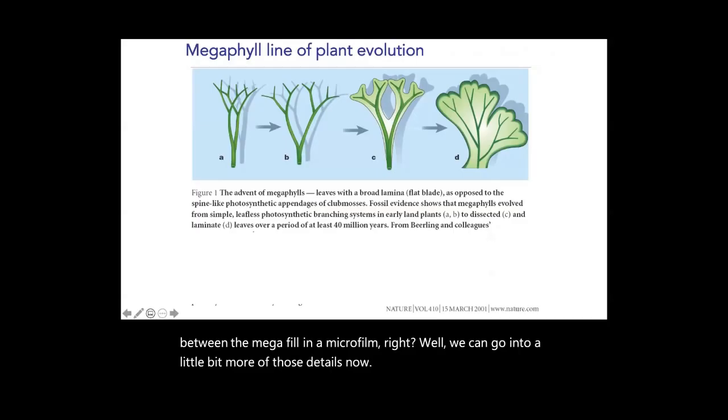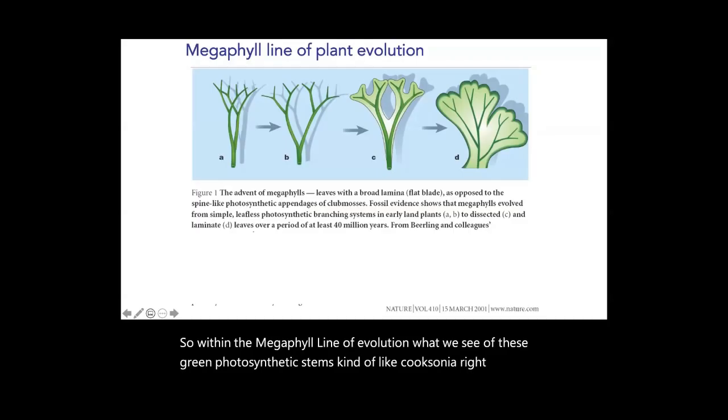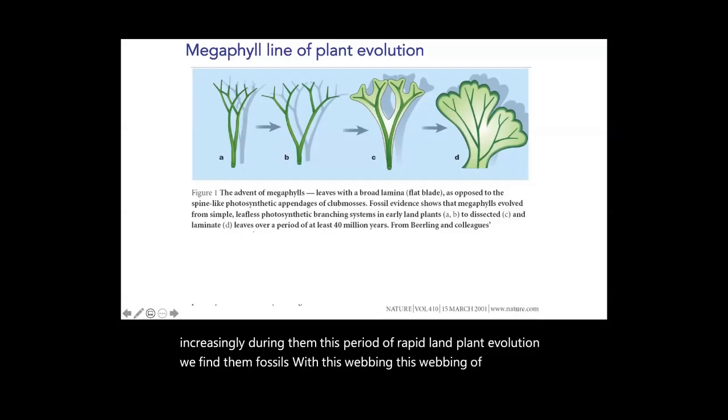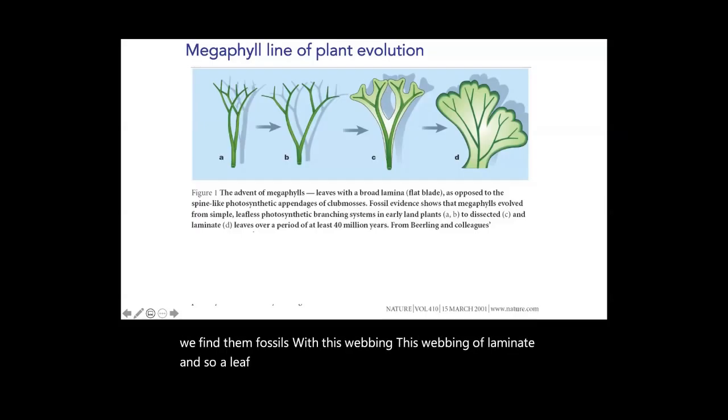So within the megaphyll line of evolution, what we see are these green photosynthetic stems, kind of like Cooksonia, right? Remember, they have stomata on the stems, but increasingly during this period of rapid land plant evolution, we find fossils with this webbing of lamina. And so a megaphyll leaf is really this lamina joining together all of these branching structures, right?